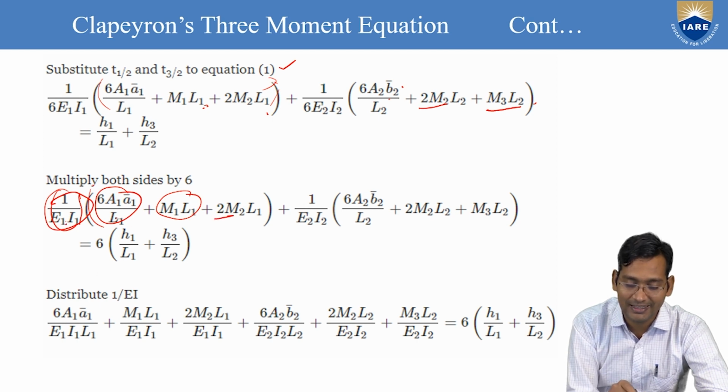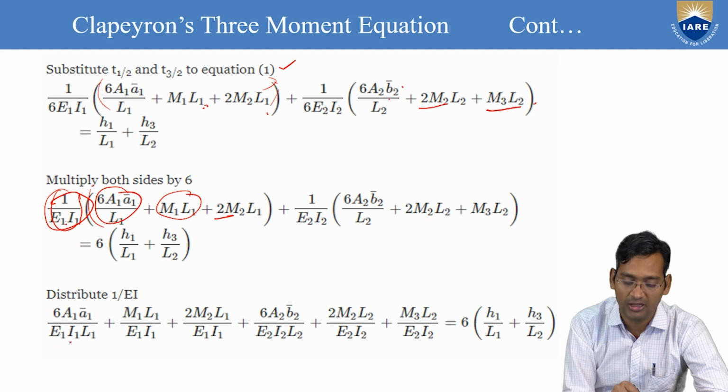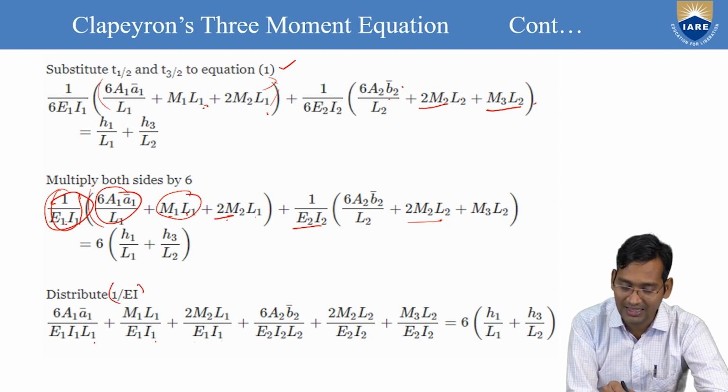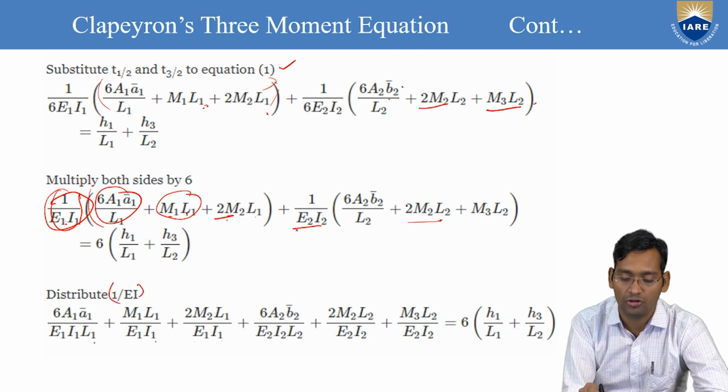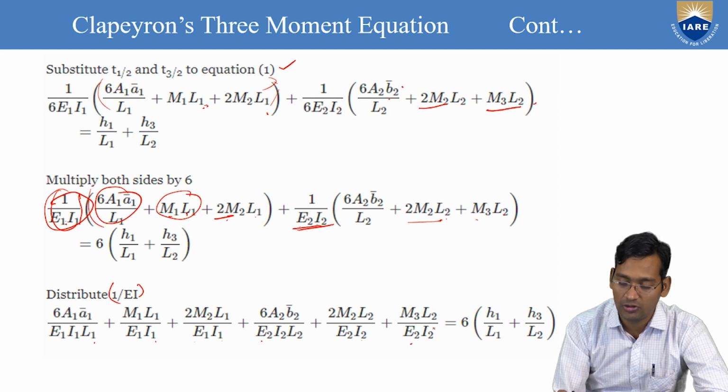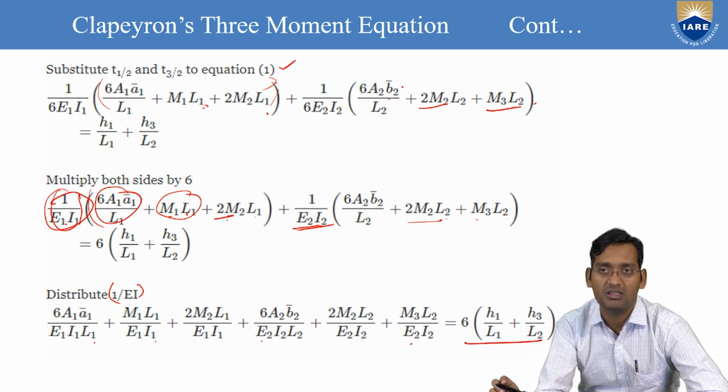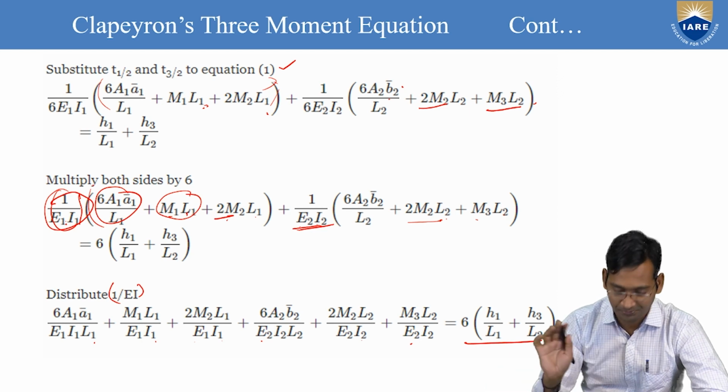So just see here: 6 A1 small a1 bar by E1 I1 L1 plus M1 L1 by E1 I1 plus 2 M2 L1 by E1 I1 plus 1 by, now multiplying this side. So that's why 1 by EI is given, not 1 by E1 I1, because here this also you have to distribute or multiply. So now 6 A2 B2 by L2 into E2 I2 plus 2 M2 L2 by E2 I2 plus M3 L2 by E2 I2, which is equals to what? 6 into H1 by L1 plus H3 by L2.